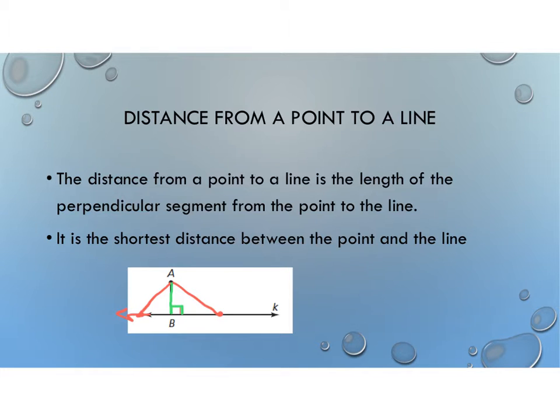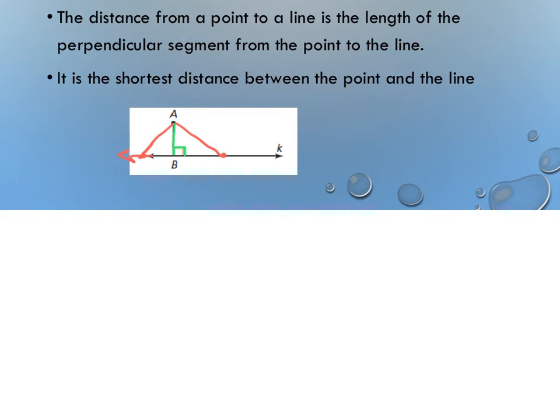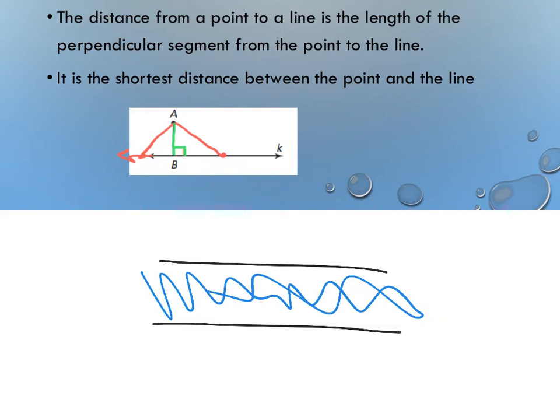So keep in mind, let's say you have the banks of a river, and let's say this river is alligator infested, and you want to get across that river the fastest way that you can. You're not going to swim from here to here or from here to here.